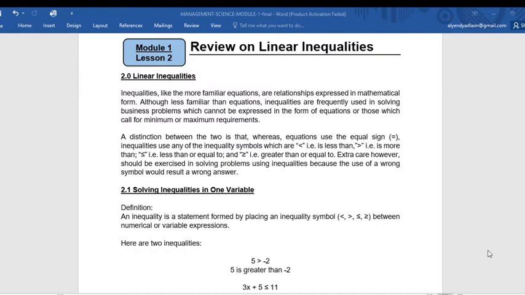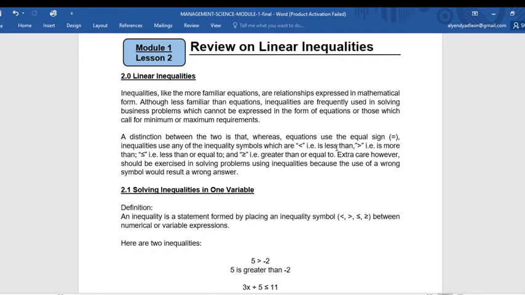Inequalities, in terms of solving, are just like equations. But the difference between an equation and an inequality is that an equation, from the word itself, means equal. So both sides of the equation, whether the left expression or the expression on the right side, shall be equal in value.